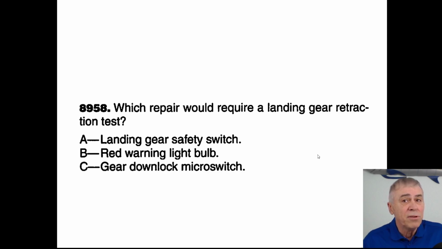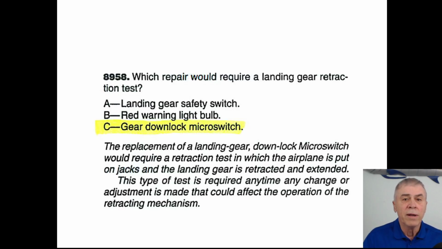I can definitely see you needing a landing gear retraction test just to verify the operation of that switch. But that's basically weight on the wheels, so that's whether or not it extends, which is different than having your landing gear locked up or locked down. So I'm going with C, and probably a long-winded way of getting to it. Well, C is the correct answer.